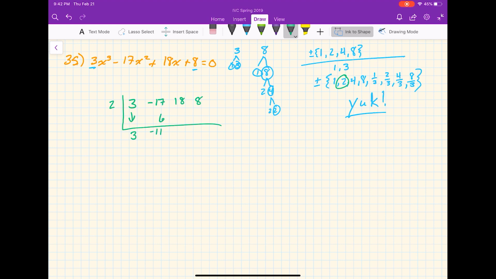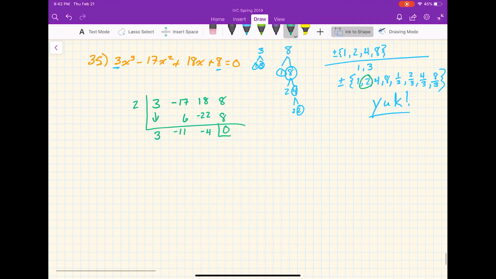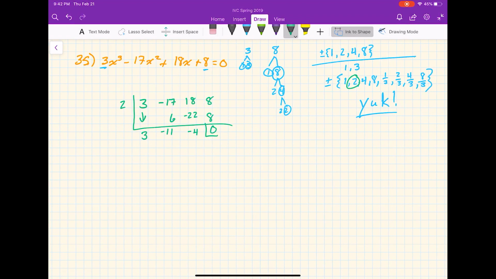I'm really going to save time this time. So 2 times 3 is 6. This means this is negative 11, negative 22. That leaves me with negative 4, which gives me negative 8, which gives me 0. That is 2 times negative 4 is negative 8, so 0.